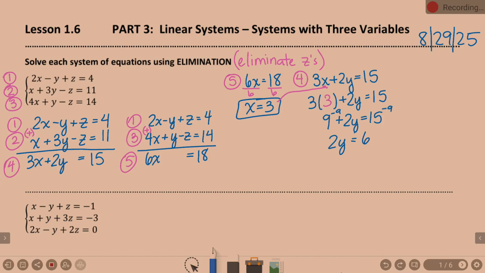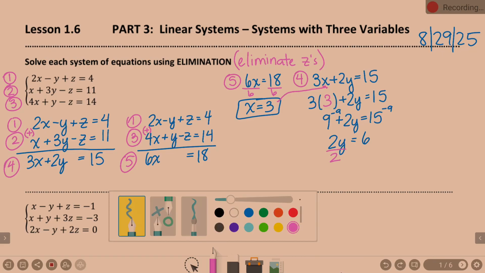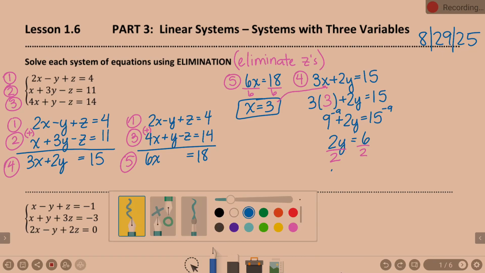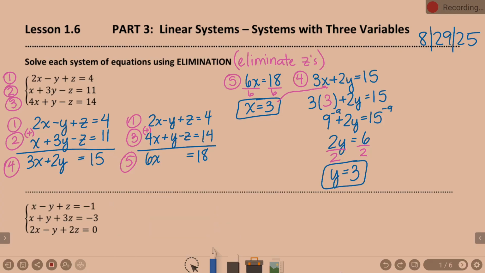And what do we know about y? Divide by 2, and y is 3. Okay. I have x. I have y. What else do I still need to find? I need z. What do I do to find z?